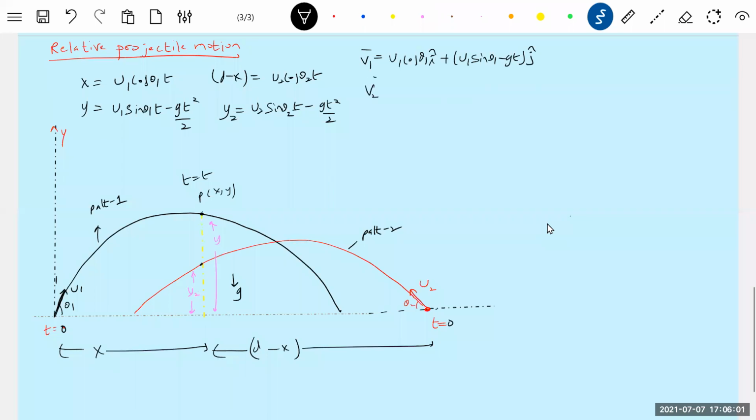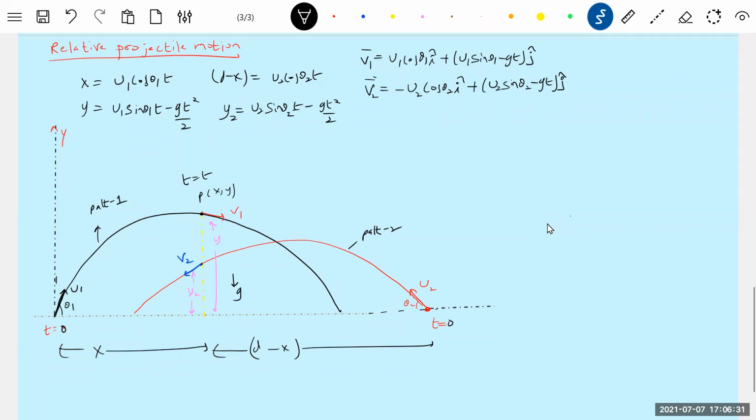Similarly, the velocity of the second stone at any time t, u2 cos theta 2. Can you show, sir, at least v1 bar and v2 bar? Yes, v1 bar may be here like this, v2 bar may be here like this at any time t.